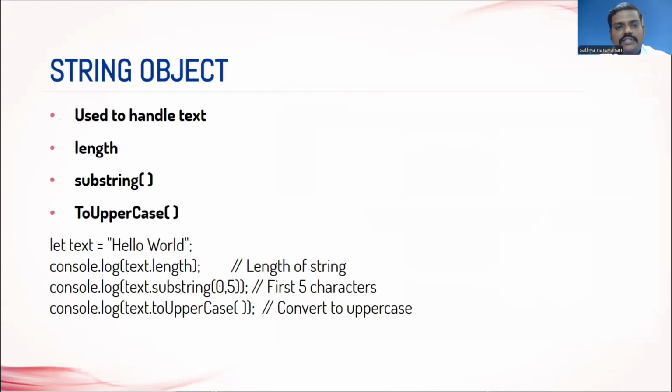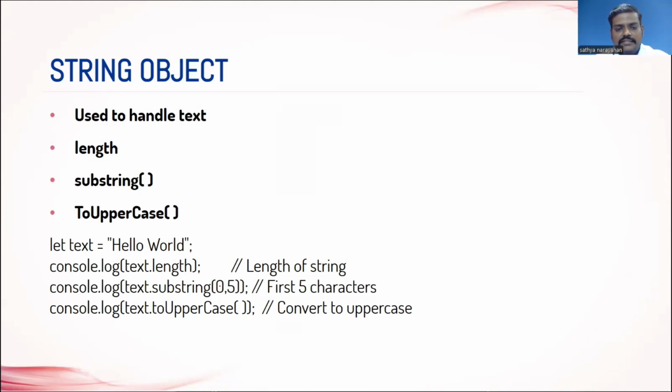Next is string objects. It is used to handle text: length, substring, and toUpperCase. These are the three important concepts we use with string objects. In the code, let text equal "hello world". Console.log text.length, the length may be 10 or 11; it is 11. Console.log, as I already told, displays the values stored in the browser console.